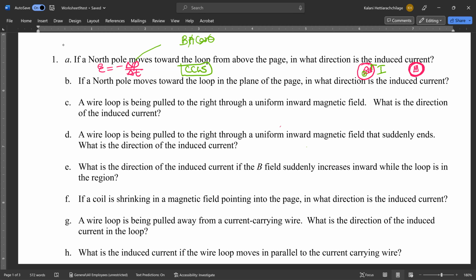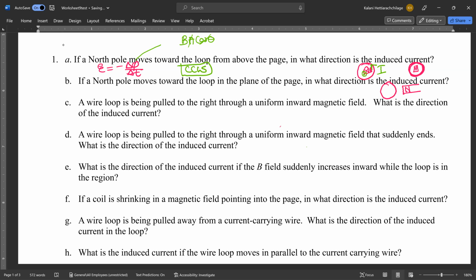Plane of the page means you have a loop like this, but the north pole moves toward the loop in the plane of the page. That means you're going to move the north pole like this on the same page, not on the top, not on the bottom, right? You bring the north pole towards the loop on the same plane, right?